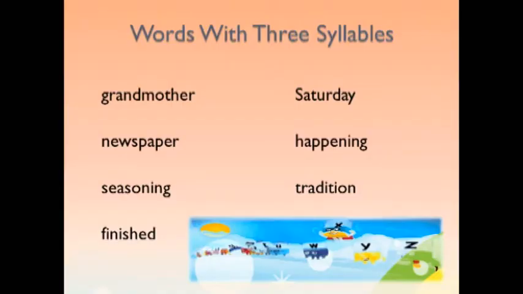So there are 6 phonemes in the word Saturday: S, A, T, Y, D, A. Now, on your own or with a pair, see how best you can segment these words into phonemes.